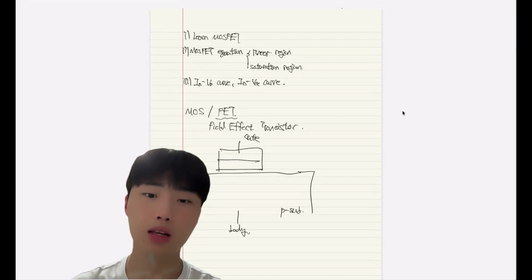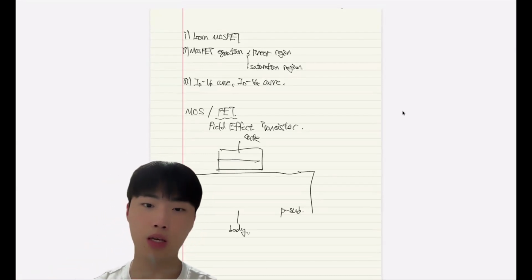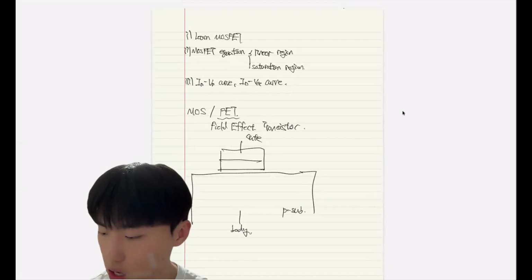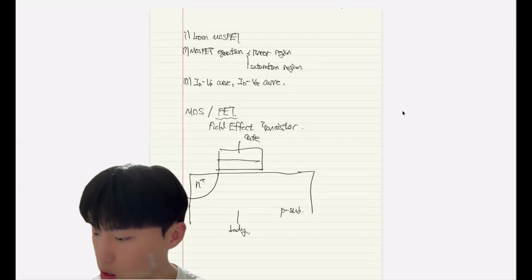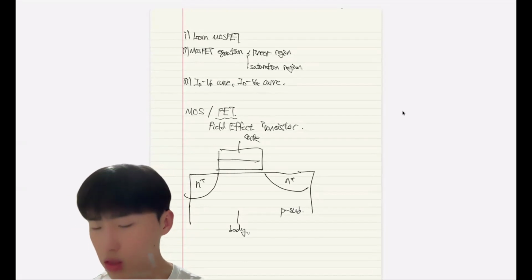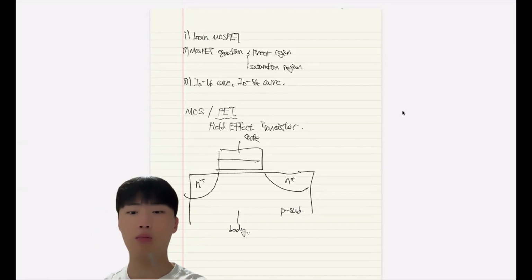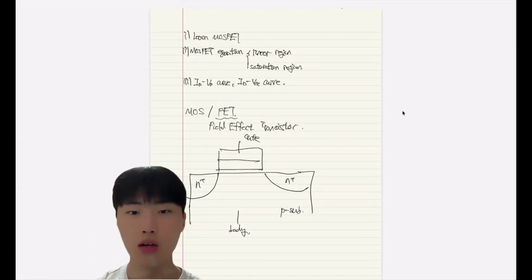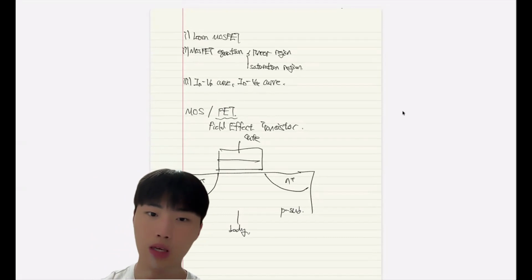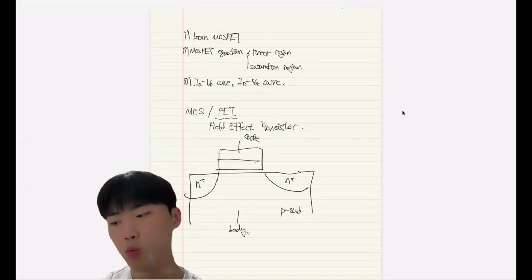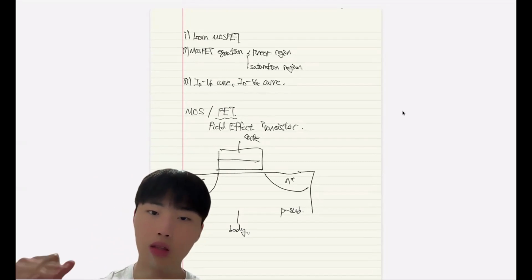And let's have some example on it. In a MOSFET, we have some N plus poly here. This part will be the source and the drain, but we'll talk about that later. First, we'll talk about the gate bias. Let's think about when we have a plus bias on the gate side.